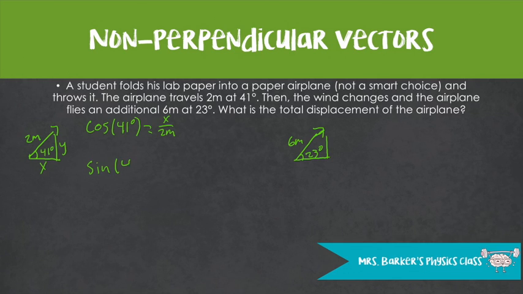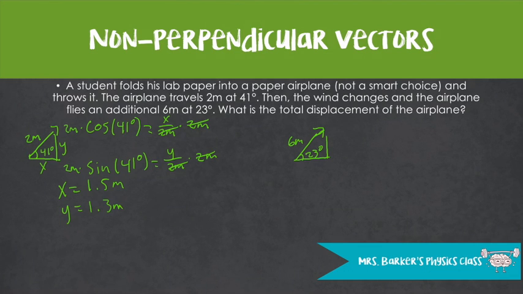Sine of 41 degrees equals y over 2 meters. And I can rearrange by multiplying both sides by 2 to get my variables by themselves. And so I should have 1.5 meters in the x direction and 1.3 meters in the y direction.